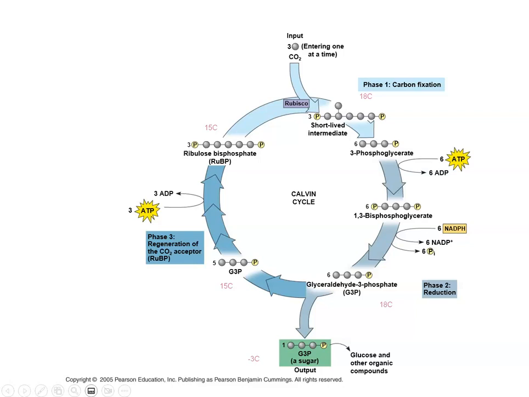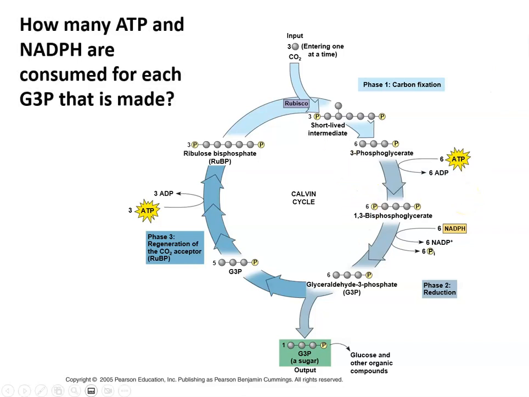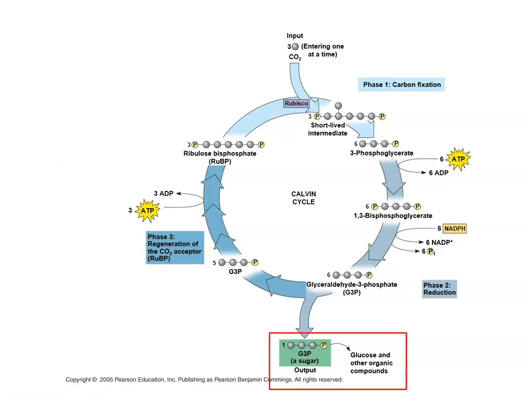Okay, so in summary for the Calvin cycle, there's a lot going on. The biggest take-homes here are that you need to know how many ATP and NADPH are consumed for each G3P that's made. There are going to be 9 ATP, 6 NADPH, and the whole point, though, is to make that sugar G3P.